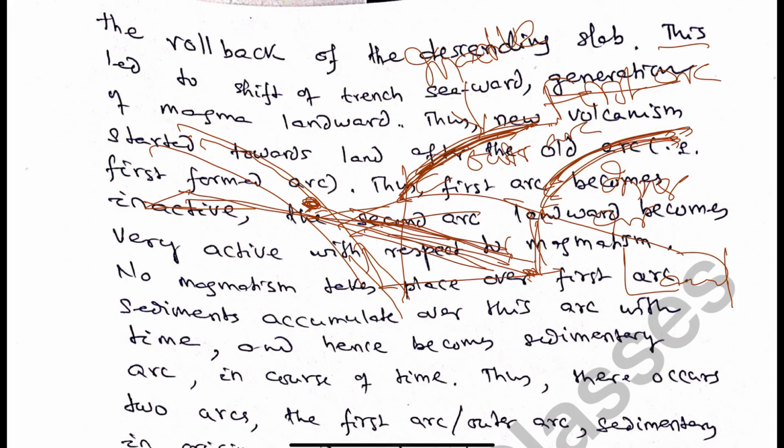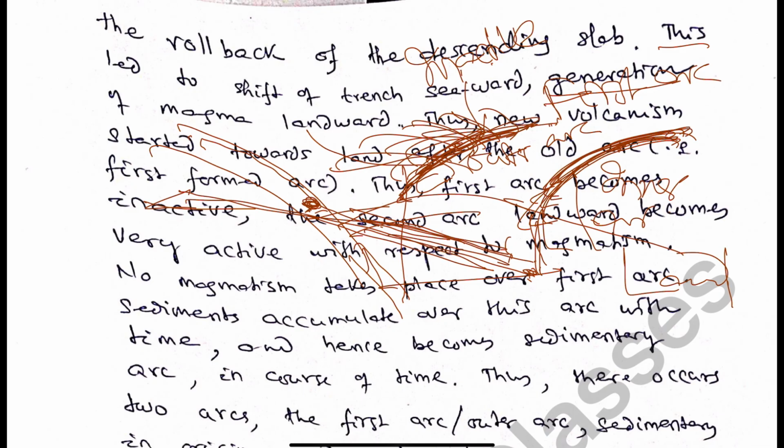The outer arc is inactive. As there is no volcanism, it may be covered by sediments. And this is active. Magma is accumulating. Magma is giving rise to the arc. So this inner arc is volcanic. This arc is sedimentary. Initially it was igneous. Now there is no magmatism there.